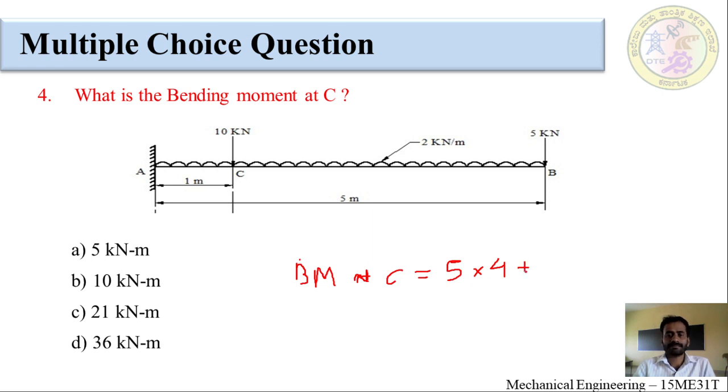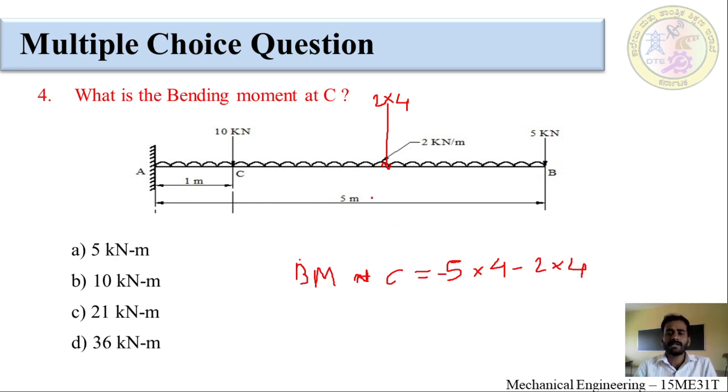Considering a negative sign, this is minus 5 into 4, minus the UDL, which is replaced by a point load, 2 into 4.